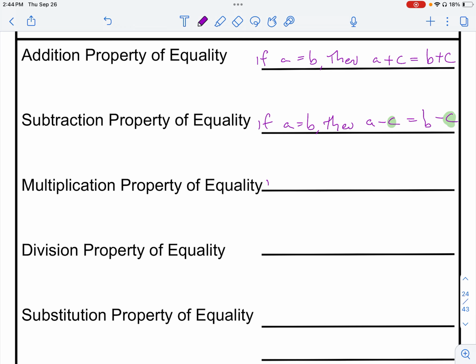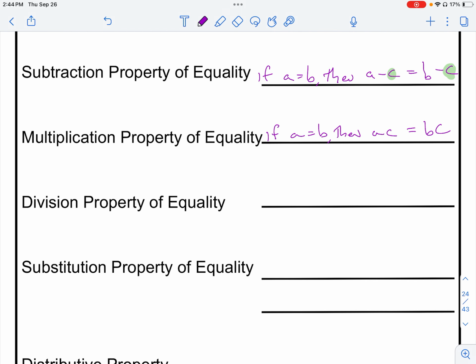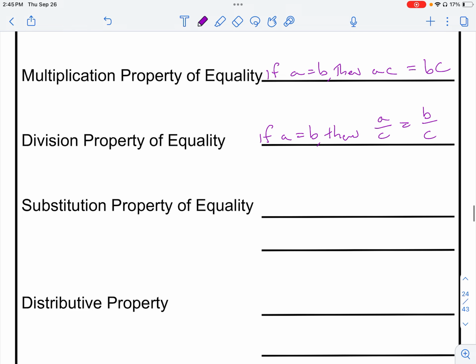The multiplication property: starting with our real numbers A and B, if A equals B, then A times C equals B times C. We haven't talked about these in a number of years, so that's why we're refreshing it now. The division property: if A equals B, then A divided by C is the same as B divided by C. And we'll put these to use here in a few minutes.